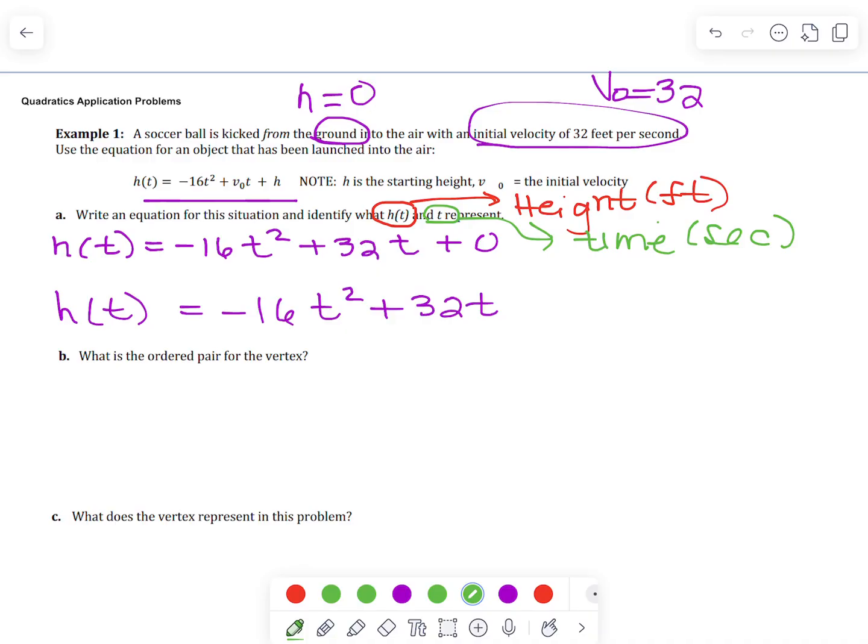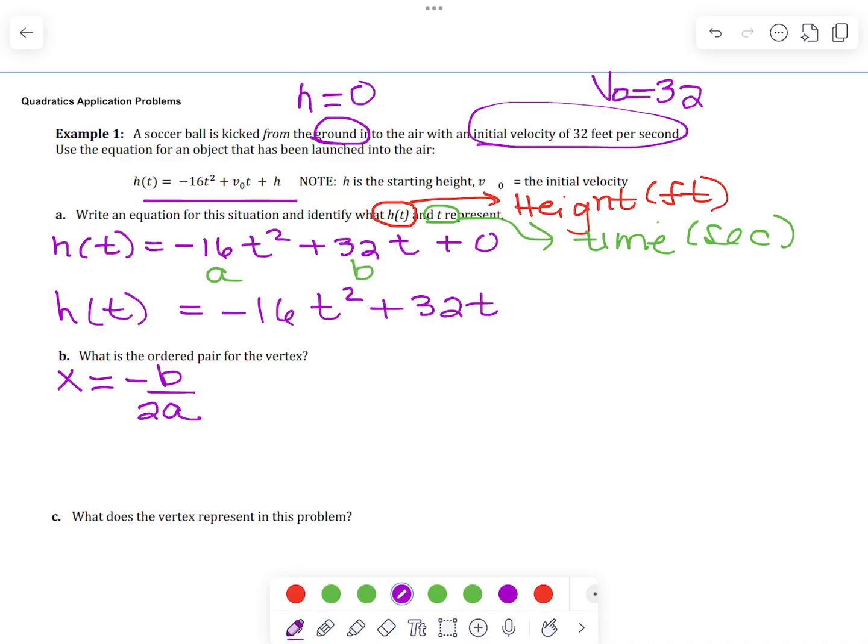Part B says, what is the ordered pair for the vertex? So when we find the vertex, we have been doing that already in class by using the axis of symmetry equation, x equals negative b over 2a. So this is our a, and that is our b in the equation.